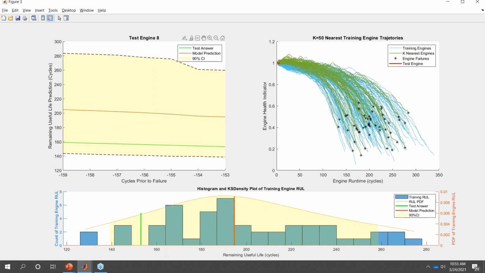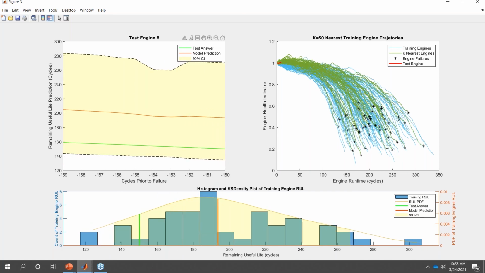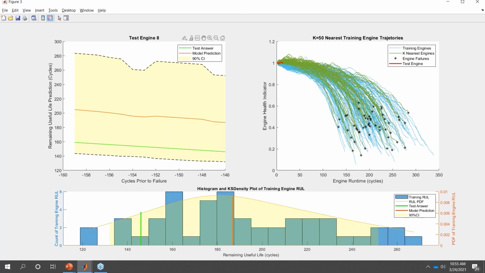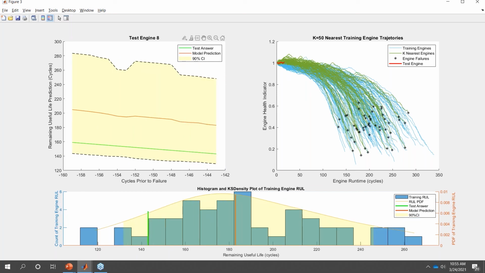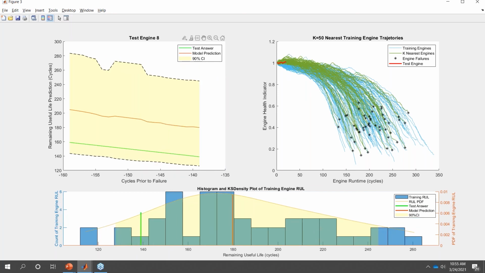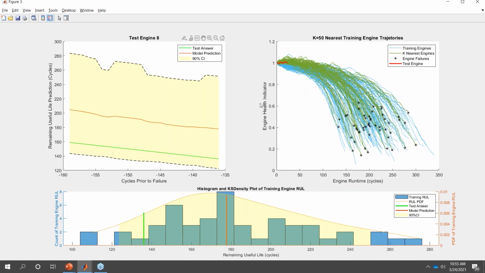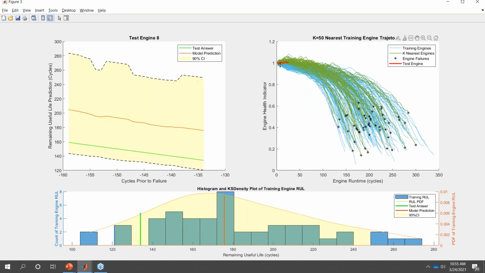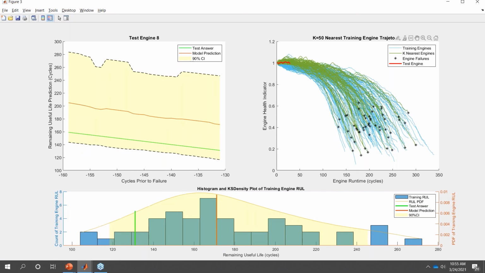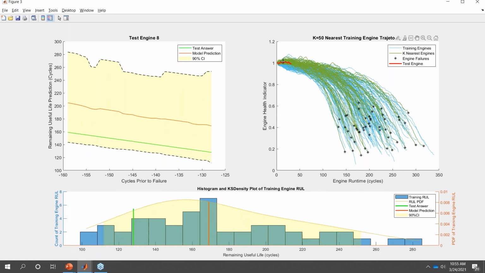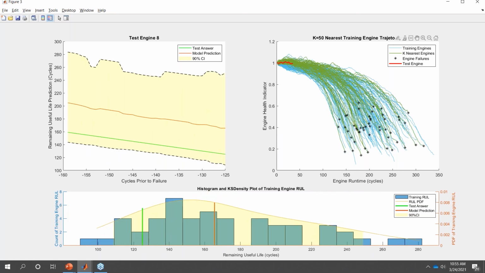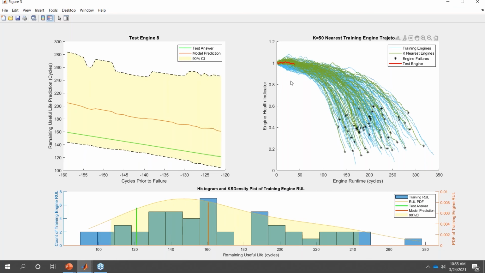Okay, so normally, we wouldn't start doing this until our condition monitoring system is telling us we're starting to degrade. The reason for this is that we just don't have much data, but we're going to start from the start here. And up in the top right, you can see this red line that's growing. This is the time series of our test engine as it moves along.